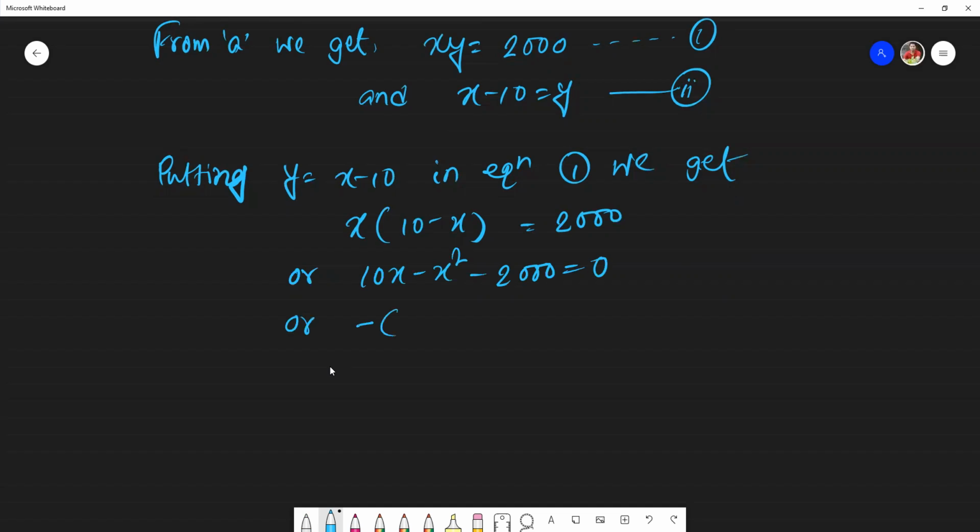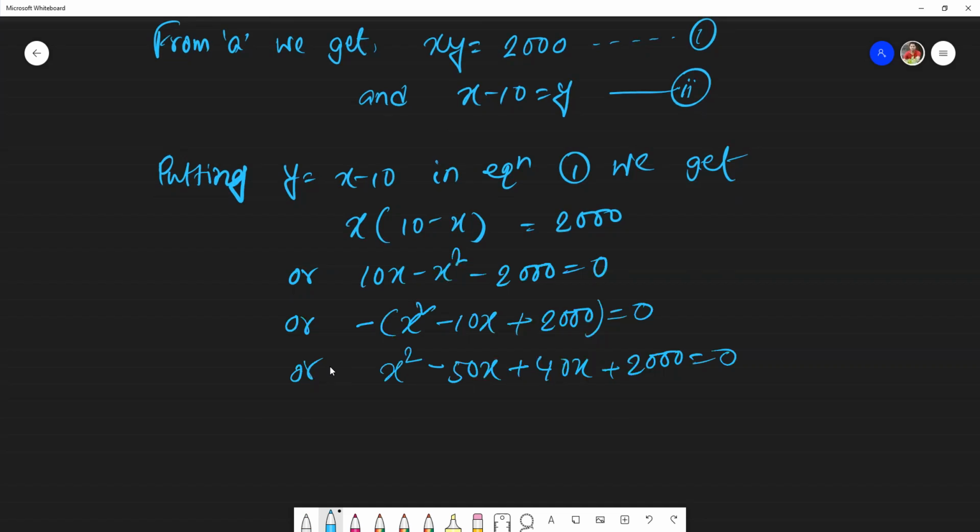Taking minus common here: minus x square minus 10x plus 2000. Divide by minus and then do the middle term factor: x square minus 50x plus 40x minus 2000 equals 0.